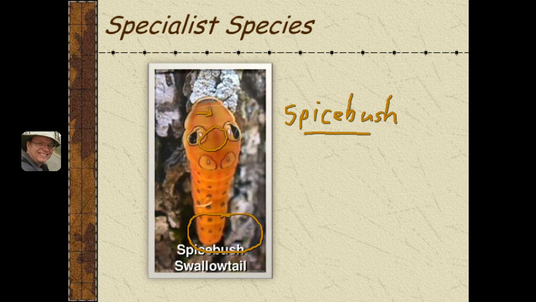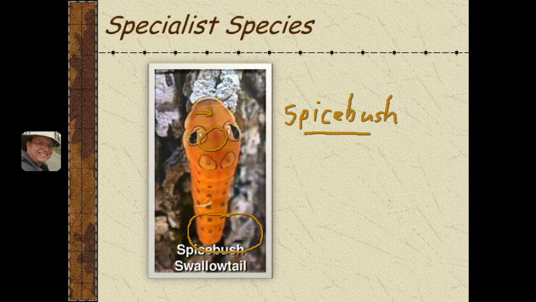And most organisms, most herbivores that would want to try and eat these guys, well, they have a lot of trouble with them. They're hard to eat. The spicebush is hard to eat. The chemicals give them an upset stomach. They're just not very tasty. And as a result, the spicebush doesn't have to worry about getting eaten by most organisms.